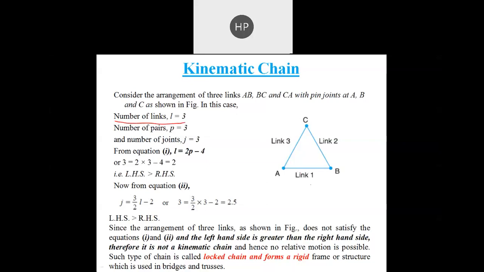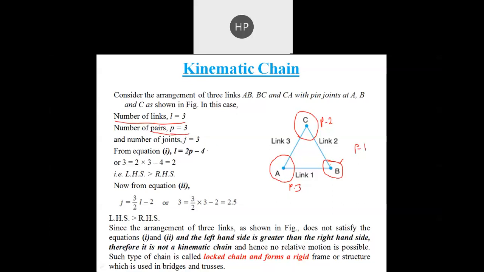Now the number of pairs: between link 1 and link 2 this is pair number 1, between link 2 and link 3 we have another pair, pair 2, and between link 3 and link 1 we have pair 3. So we have a total of 3 pairs.